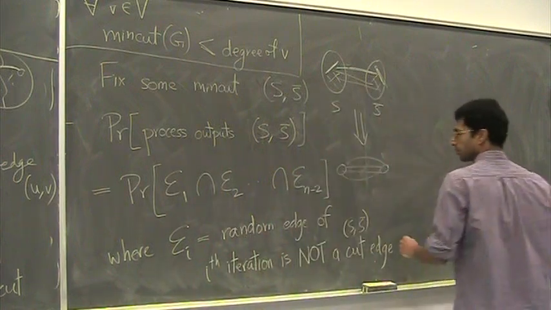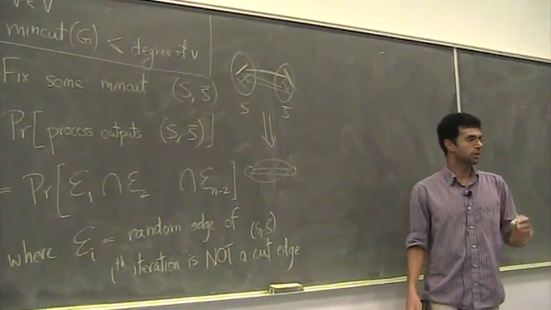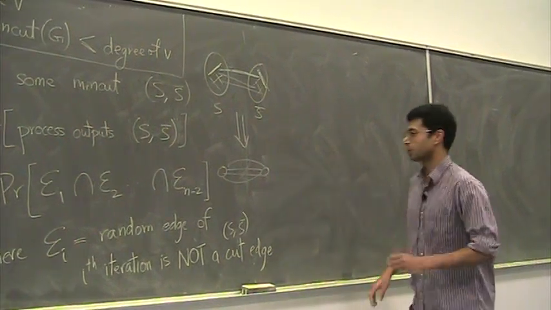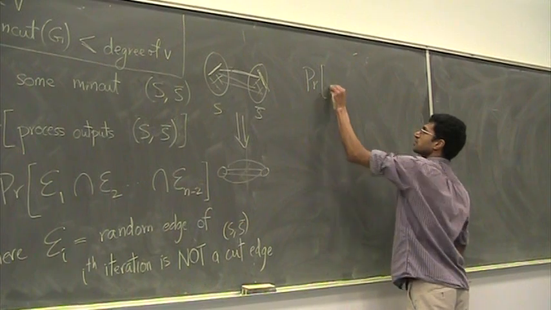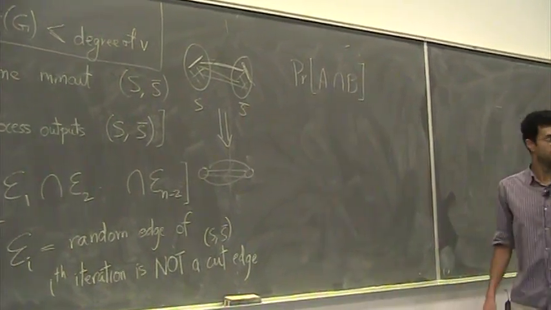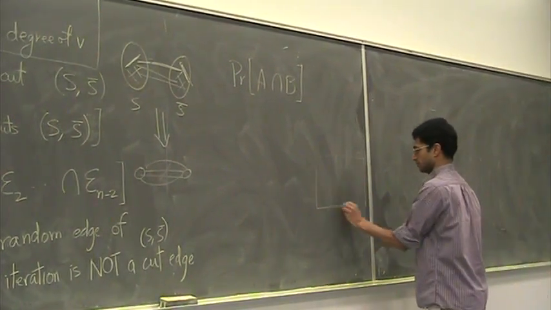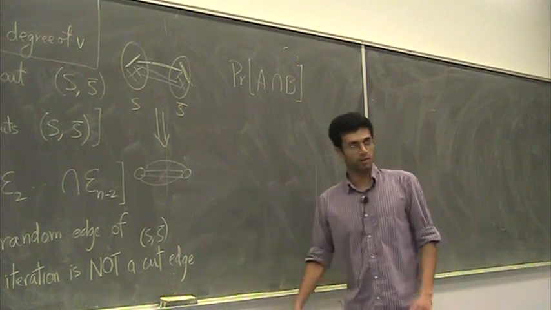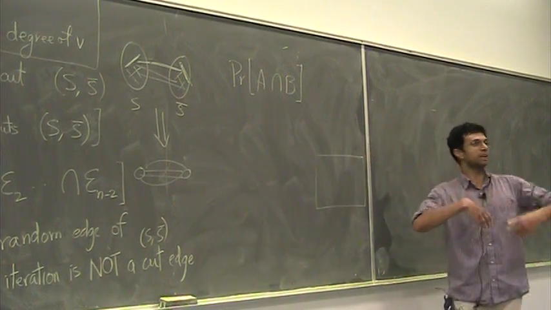So do you know what conditional events are? Vaguely, sort of, kind of, right? Okay, so suppose you have two events, A and B. Always a Venn diagram, because this is the set of outcomes.